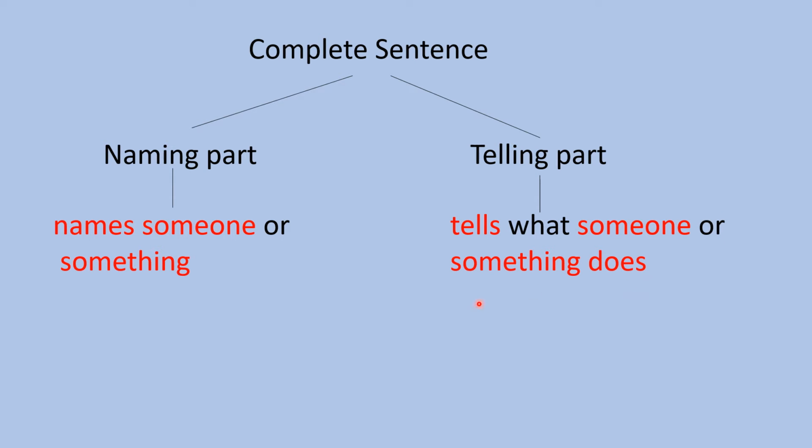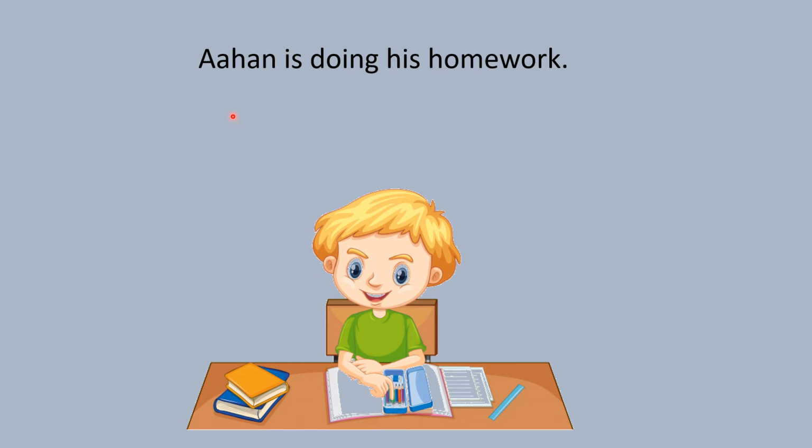So let's understand it a little more. Look at this sentence, children. Ahan is doing his homework. Now in this sentence, which is the naming part and the telling part, let us learn. The naming part always talks about someone, and the telling part always talks about what that person or thing is doing.